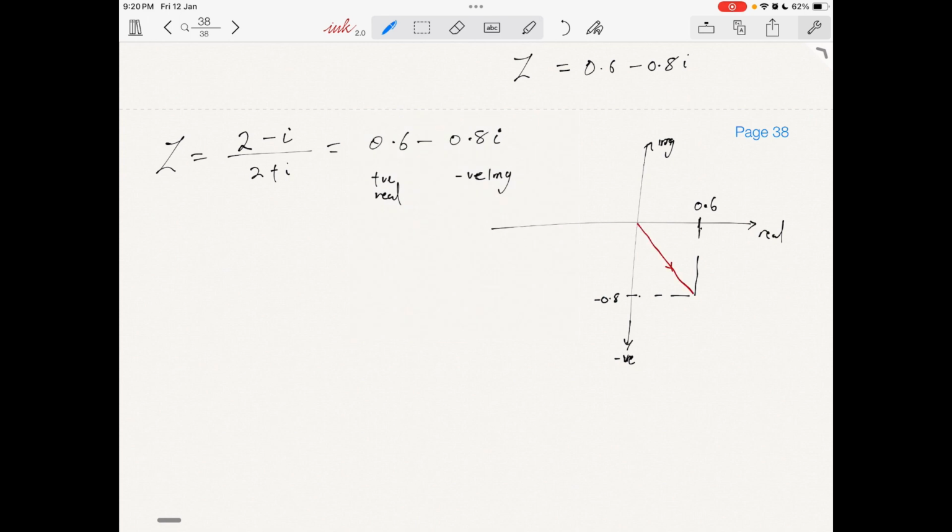Now all we just have to do is to bring out this triangle, and remember it has an angle theta and is a right angle triangle. The distance here is 0.8 and the distance here is 0.6.